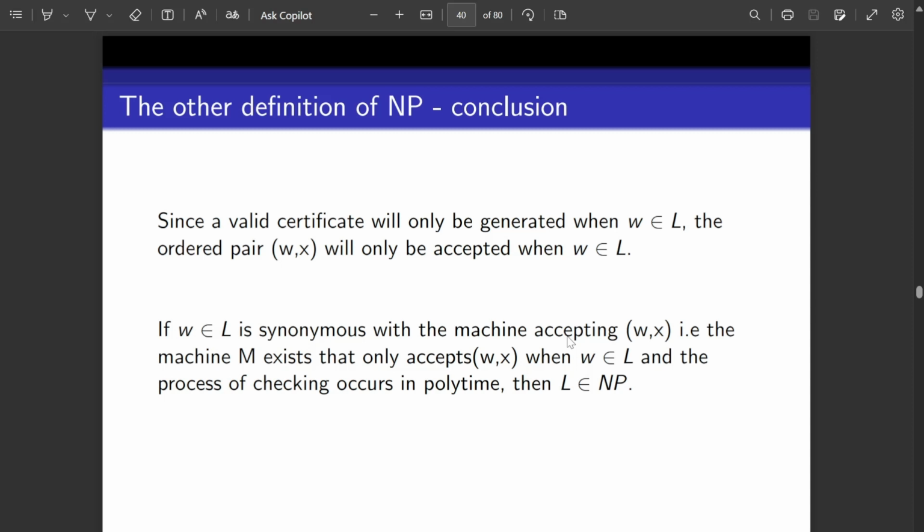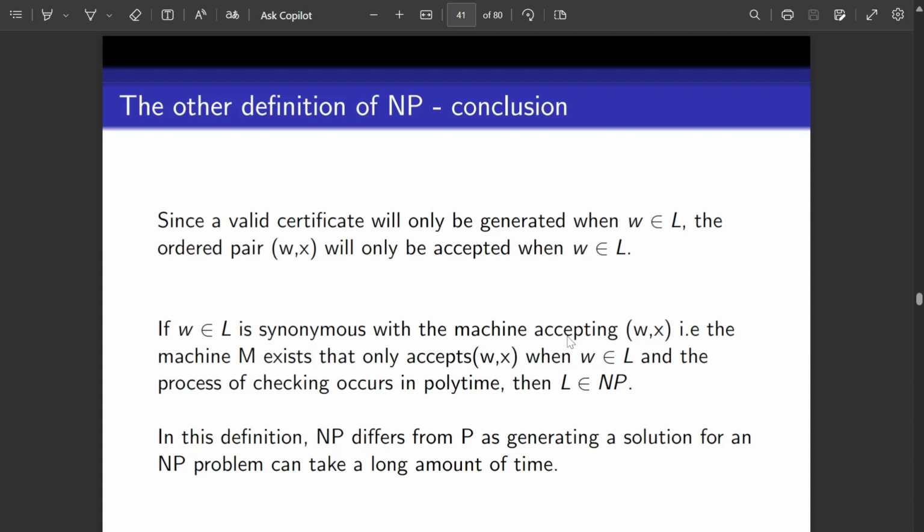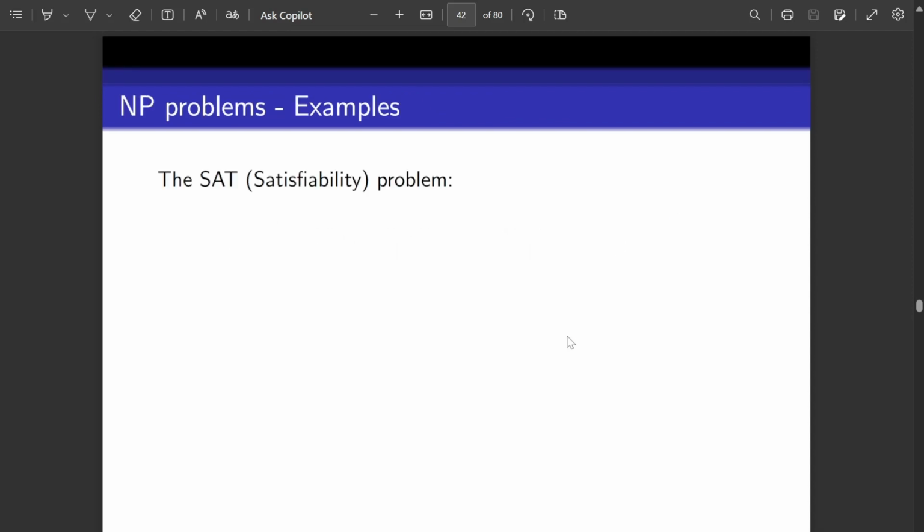So W in L is synonymous with the machine accepting the ordered pair, and if the process occurs in polytime, then we can say surely that L is in NP. So this definition differs from P as generating a solution for NP doesn't have to occur in polytime. It can be exponential.